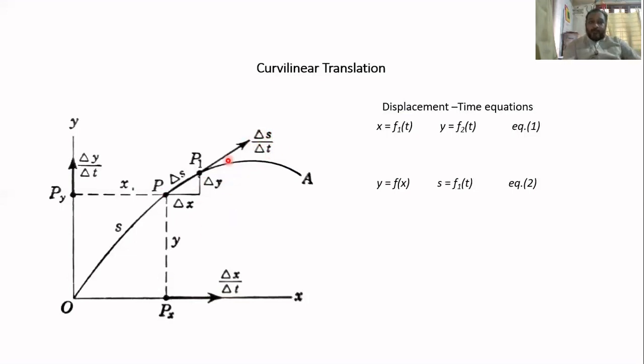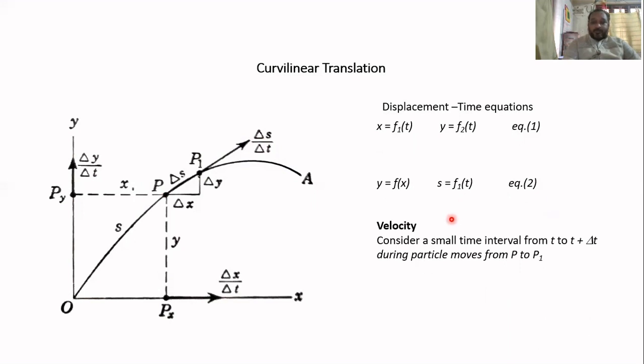Then we can resolve this velocity into x and y directions. The component of velocity in the x direction is the velocity times the cosine of this angle, where the cosine of this angle is delta x by delta s. For velocity, we consider the body moving from P to P1 in time delta t.